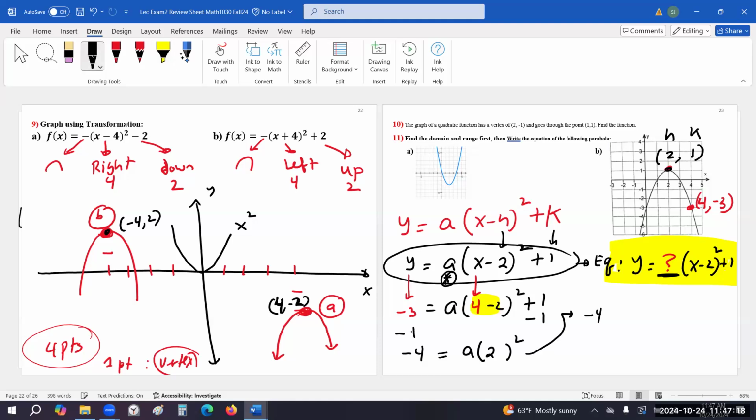So we have -4 equals A times 4. And to get the A alone, what do you do? Divide by 4. So what is our A? -1. So the missing piece we are looking for is -1.